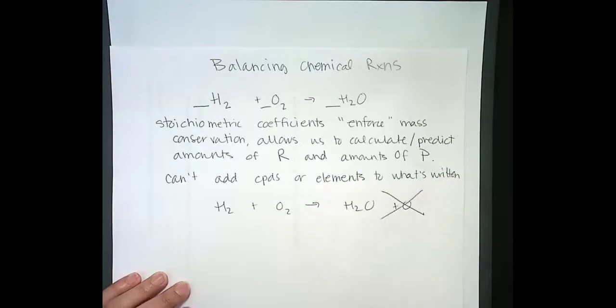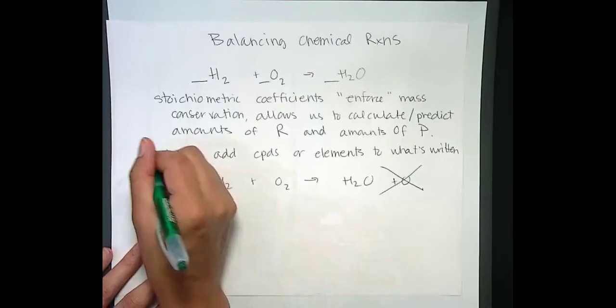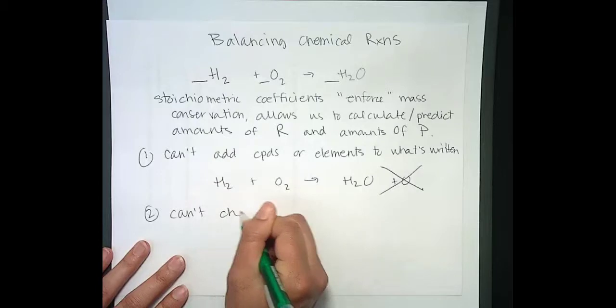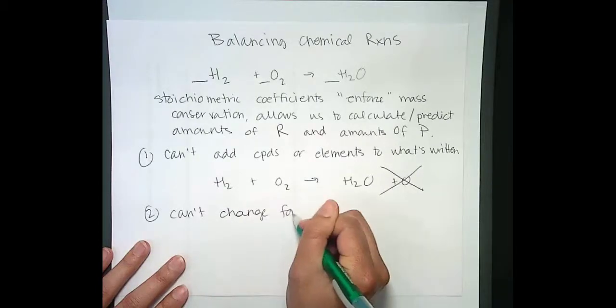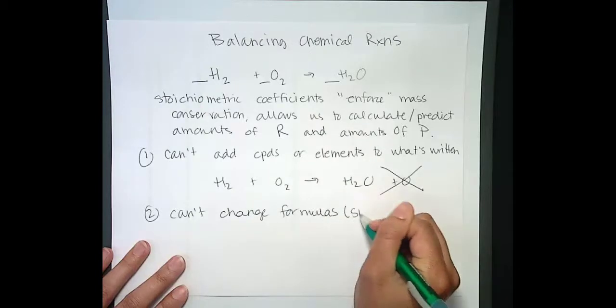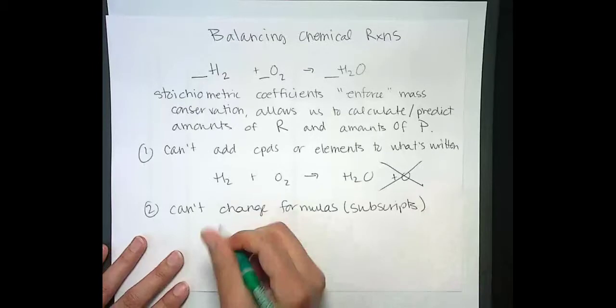You can't do that. You can't change the formulas of the compounds. Okay? Can't change the formulas. And by that, really, I mean the subscripts. You can't do that. Don't do that.